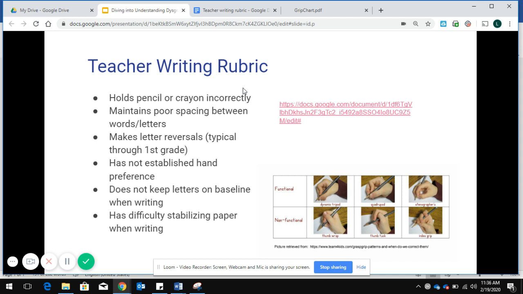Also consider hand dominance, if they have established it, if they're writing with their right hand, if they're writing with their left hand, if you see that they switch hands, that's a very important observation. Then we're also going to look at if they're stabilizing the paper when they're writing, and overall, their body position and how they are doing with the handwriting task.